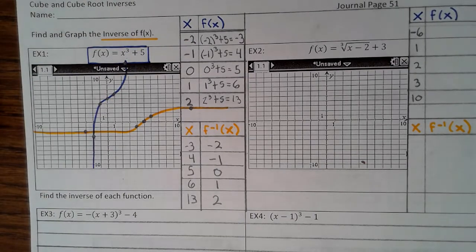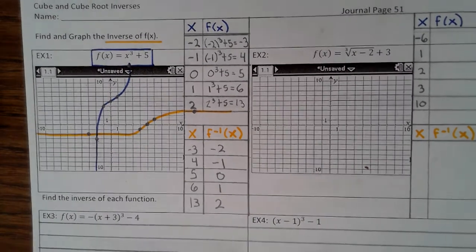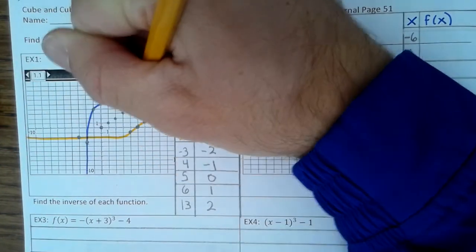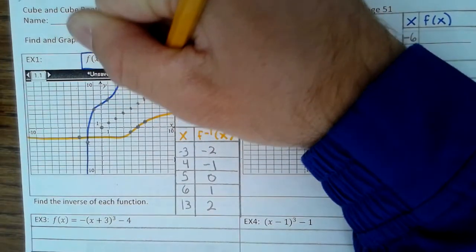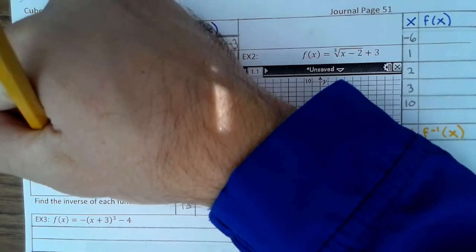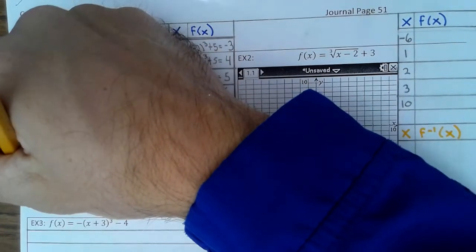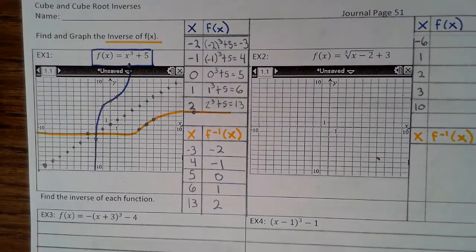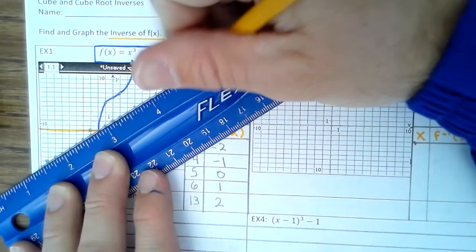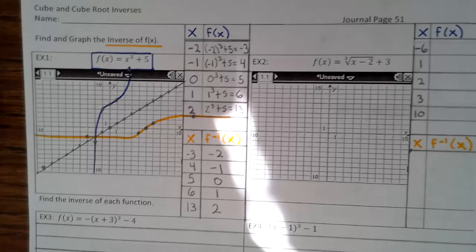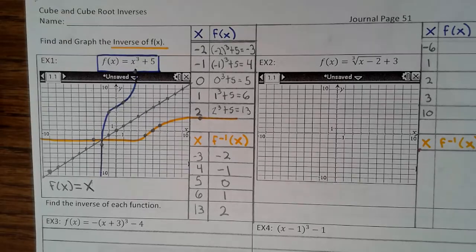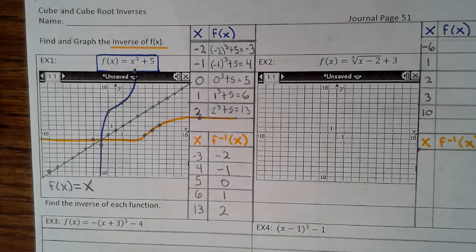Now, if they're inverses, they're going to reflect over the f of x equals x line, which is 0, 0, 1, 1, 2, 2, 3, 3, 4, 4, 5, 5, 6, 6, 7, 7. Okay, and you see here that they reflect over that line, so they are inverses.